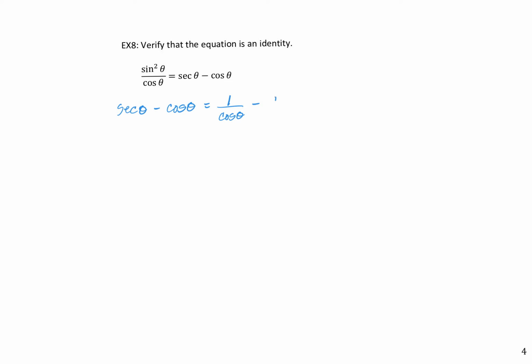And then I have cosine over 1. And the reason why I did that is because I'm trying to create a fraction because the left-hand side is a fraction. So now I have a subtraction of fractions. I could see that I need to multiply the second fraction by cosine over cosine, so that I have common denominator with my fractions.